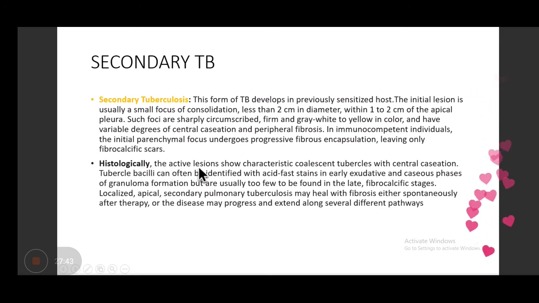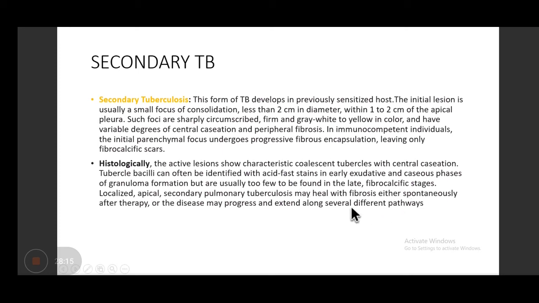Histologically, the active lesions show characteristic coalescent tubercles with central caseation. Tubercle bacilli can often be identified with acid-fast stains in early exudative and caseous phases of granuloma formation, but are usually too few to be found in the late fibrocalcific stages. In secondary TB, there's always a higher risk that the patient will have fibrocavitary lesions. If it's in the advanced stage, you may or may not find granulomas.